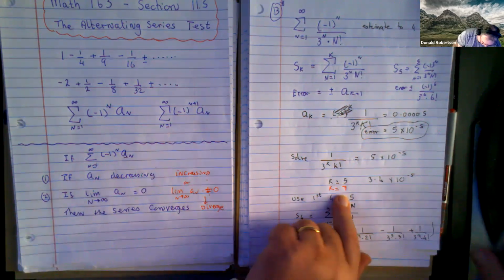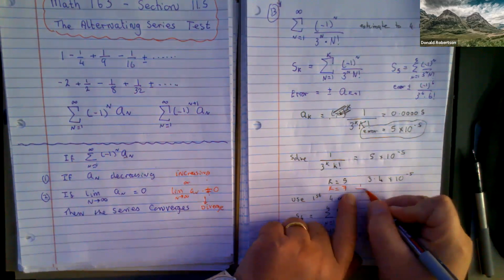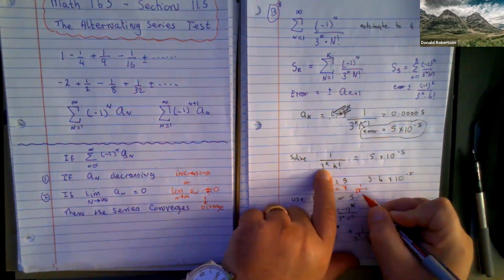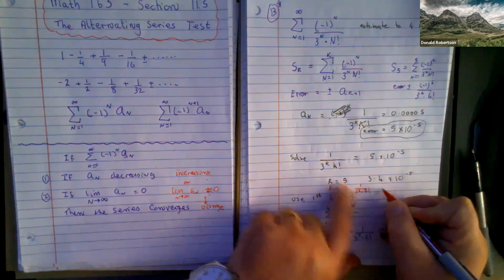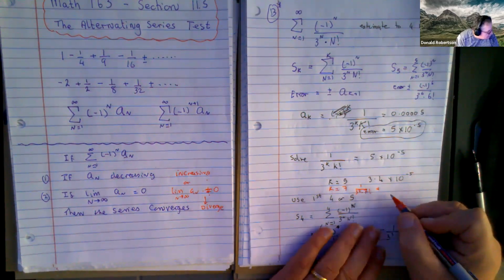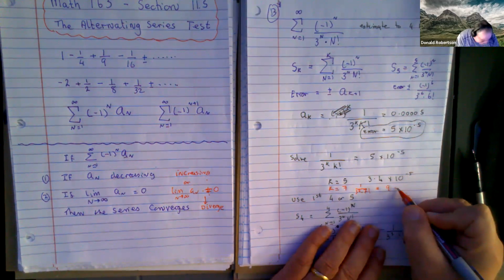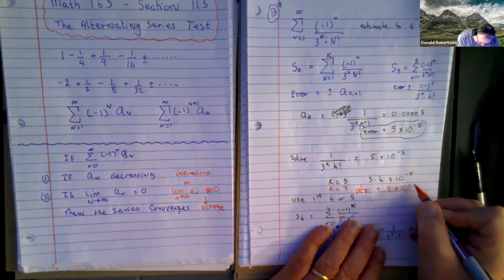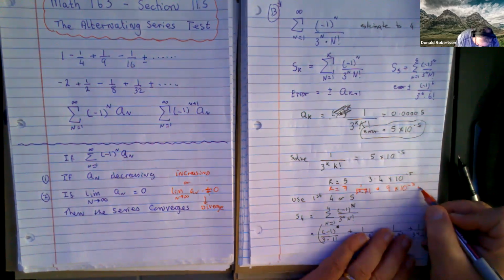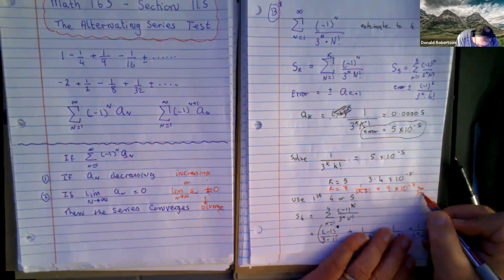And the answer I got here was roughly 9 times 10 to the minus 8, right? That's too small, right? That's more than we need.